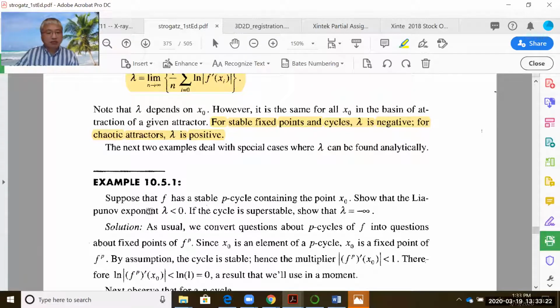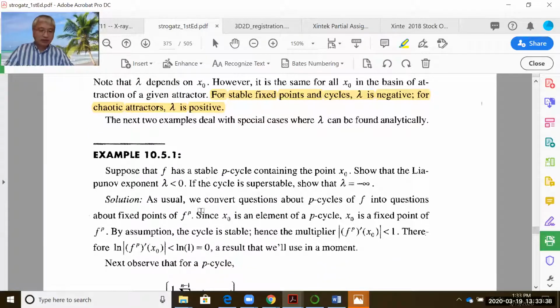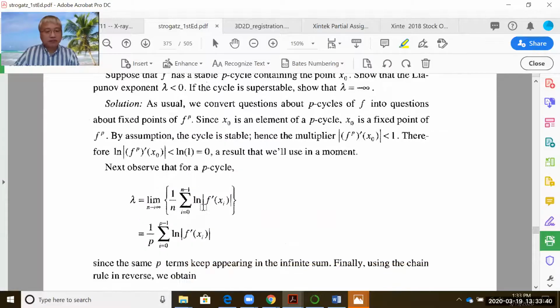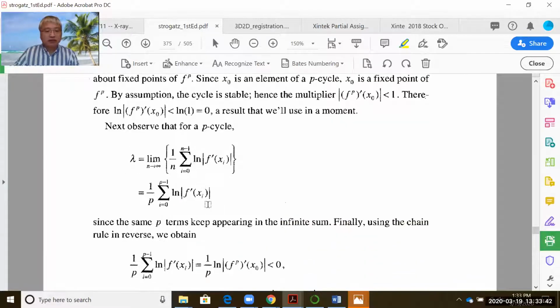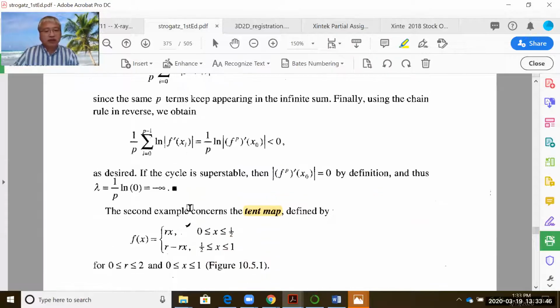Show that the Liapunov exponent is less than 0 if the cycle is stable, and lambda actually goes to negative infinity if super stable. If it's a fixed point, then Liapunov is less than 0 for a stable fixed point. I will skip this since it's fairly straightforward algebra.